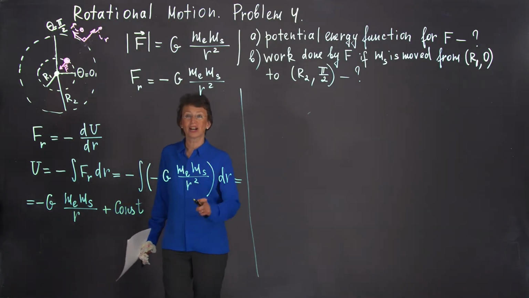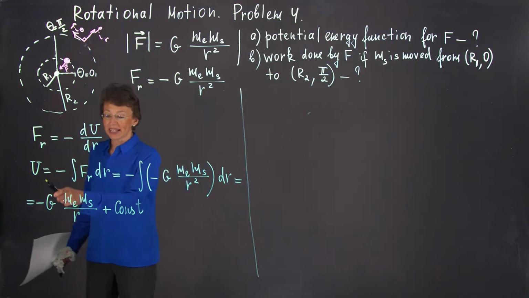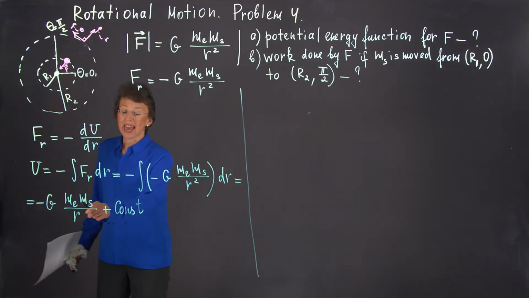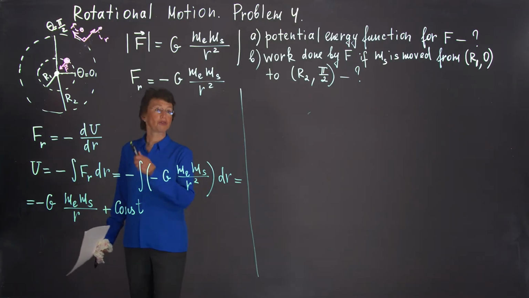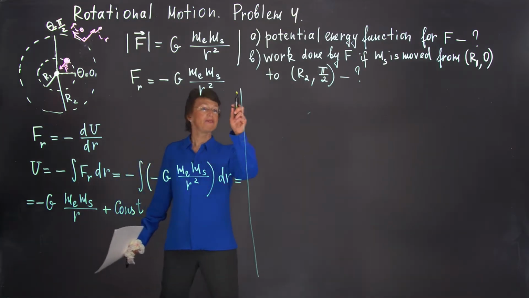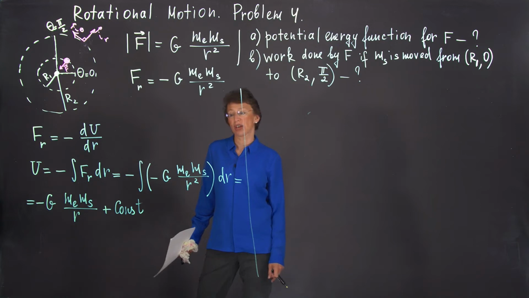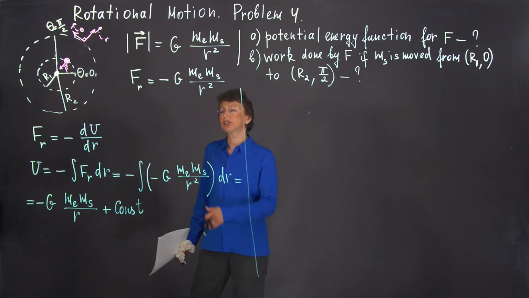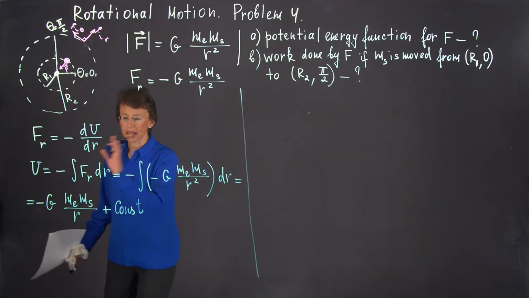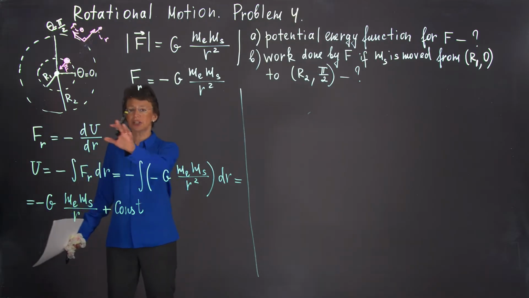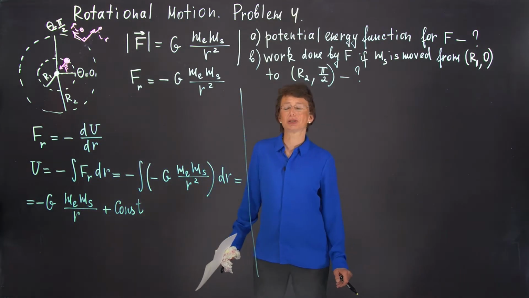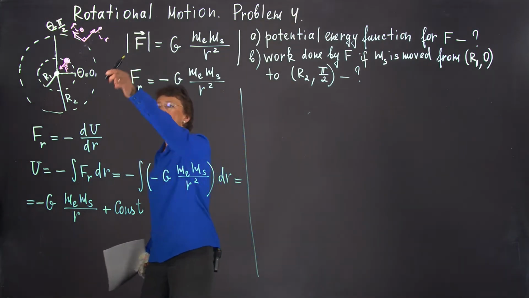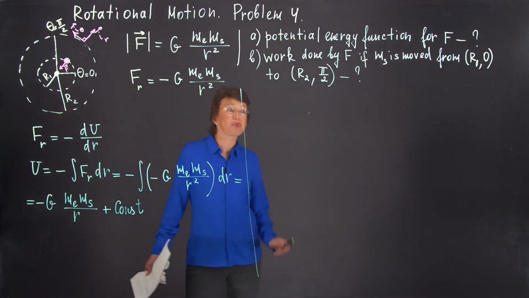Potential energy function for the gravitational force is minus G ME MS over R. We solved half of the problem. Find the potential energy function for F. Can you do it using the definite integral? Absolutely, you can do it. I just decided to go this short way, since we have just one component of force, radial component.